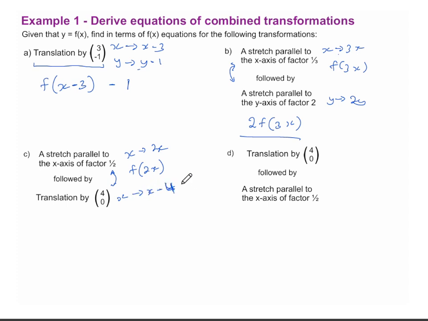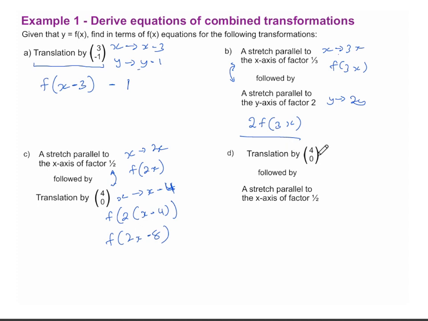And if you are confused as to why this happens, go back and watch the lecture when I talk about translations and reflections. Then x is becoming x minus 4, so we end up with f of 2, x has now become x minus 4, which then makes it f of 2x minus 8.